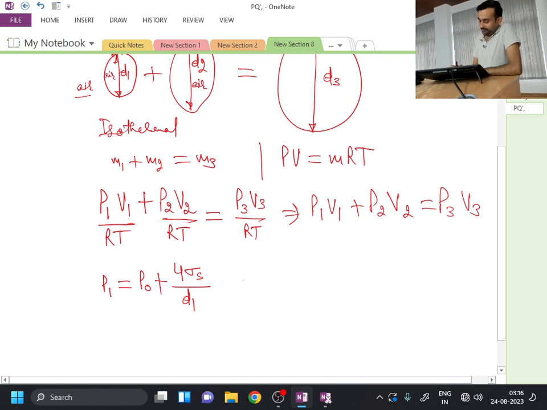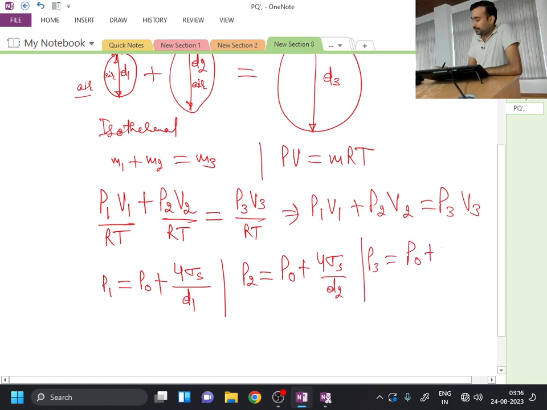Then P1 we have written, what will be P2? Similarly we can have P3.